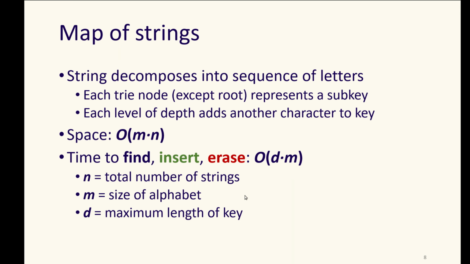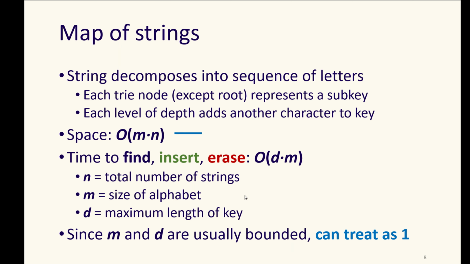And so we still know a bound on how far down you would have to step, letter to letter to letter, to look up the definition of whatever is the longest word in our dictionary, for example. Because each of those, d and m, are constants, we could look at the number of characters in our alphabet, and we could look at the length of the longest key that we might get.